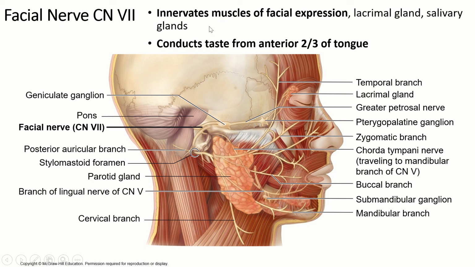Now, this word innervate just means nerves go to or from. Okay, just means there's a nerve connection. It also innervates the anterior 2/3 of the tongue in taste, in sensation. Okay, so we've got all of these branches that go to all of these muscles to move your face, to make expressions, and to move your lips so you can talk, and then conducts taste from the anterior 2/3 of the tongue.